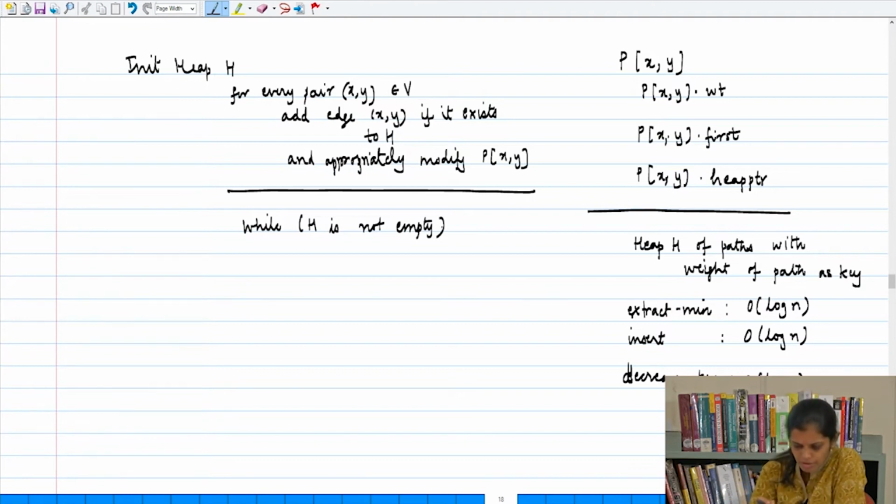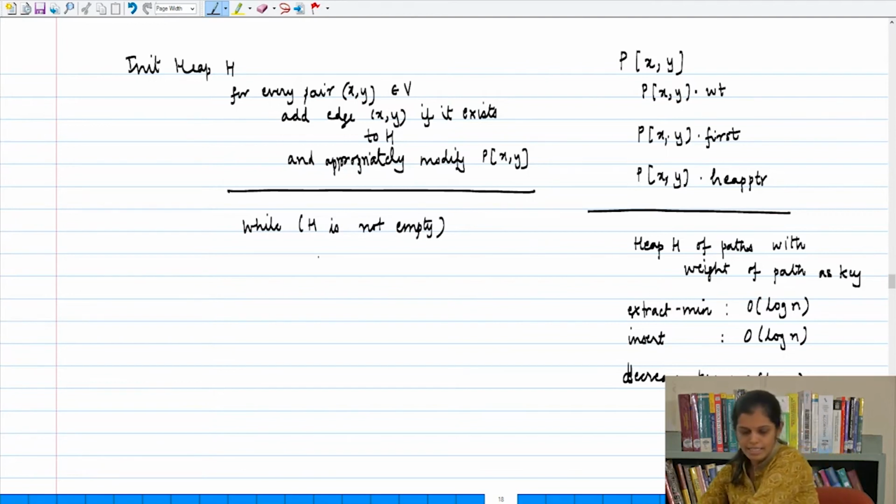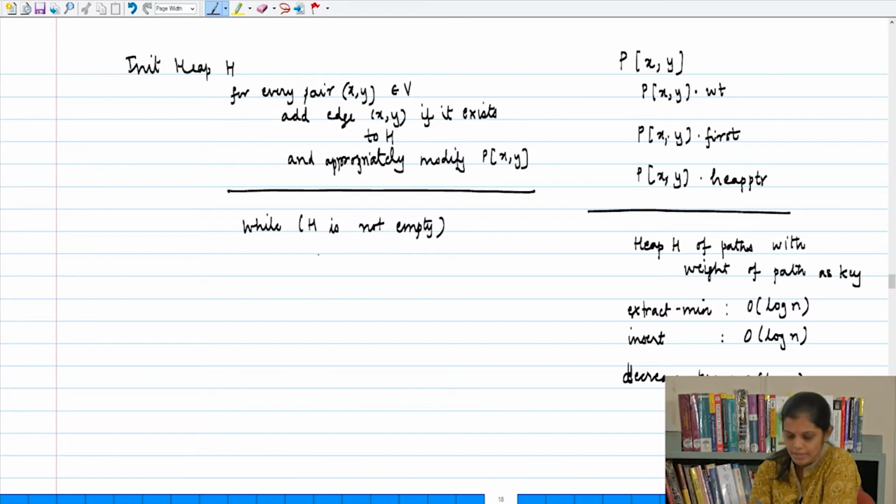This should not hold every time, because we have already inserted into the heap several other edges which are not necessarily optimal edges. So we are going to take out paths and process them in a particular way. So while the heap is not empty, or I'll also add this, or the top element is not equal to infinity.